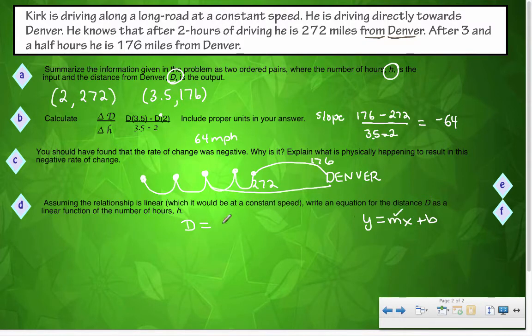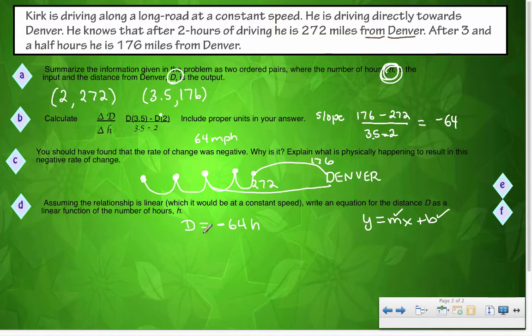We know we're closing -64 miles, and then they wanted me to use h for my independent, which is time. But where was my starting point? Aha, that's the trick to this question. How far away was I from Denver when I started this trip?